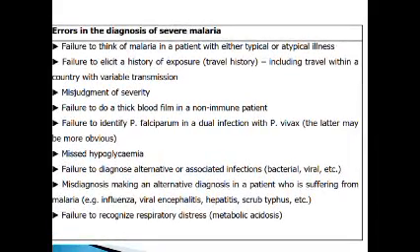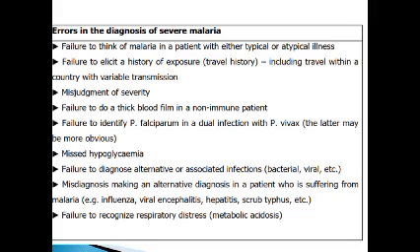Errors in the diagnosis of severe malaria: failure to think of malaria in a patient with either typical or atypical illness. Failure to elicit a history of exposure or travel, including travel to a country with variable transmission.